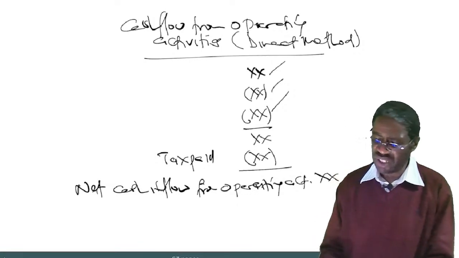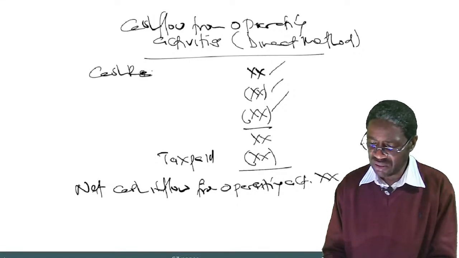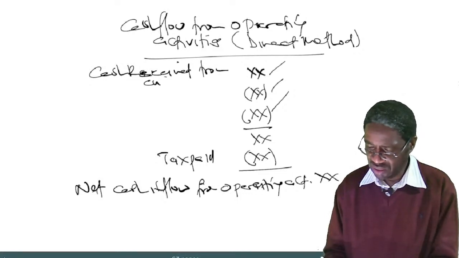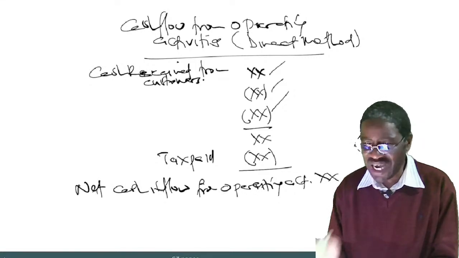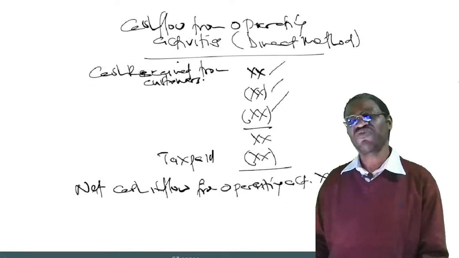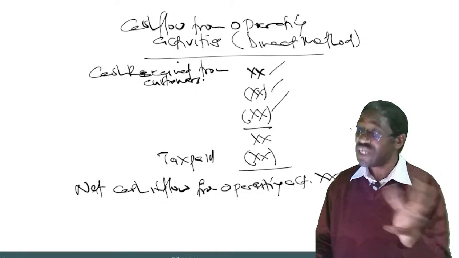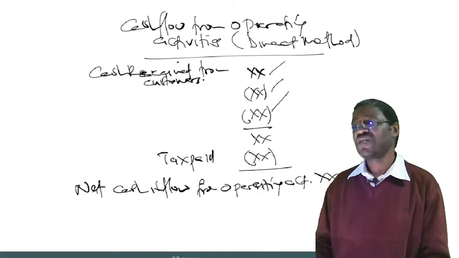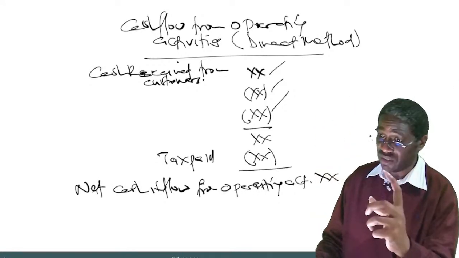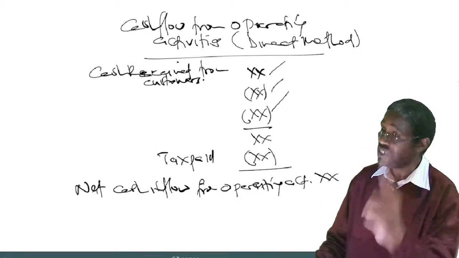The first amount is what we call cash received from customers. Listen, I am not saying cash received from debtors. Yes, debtors are customers, but they are not the only customers. You could have sold some goods on credit and you receive from your debtors. Those are still customers.